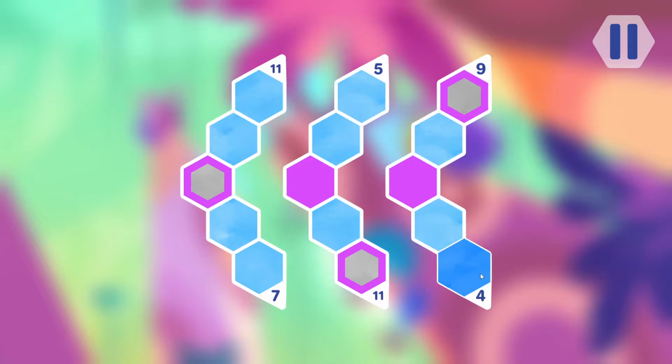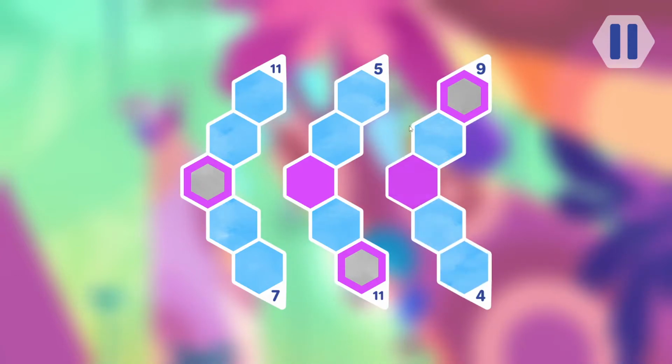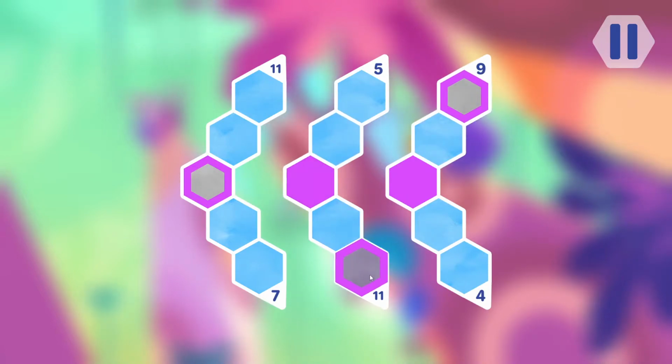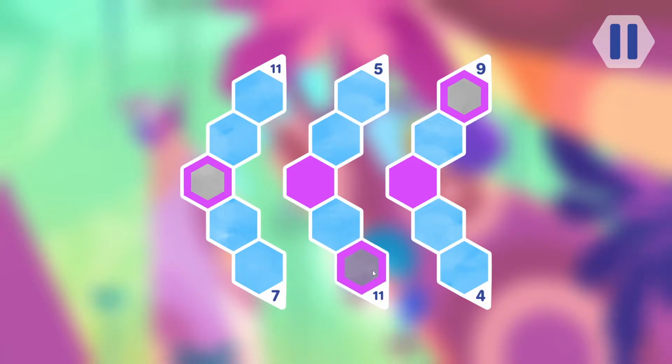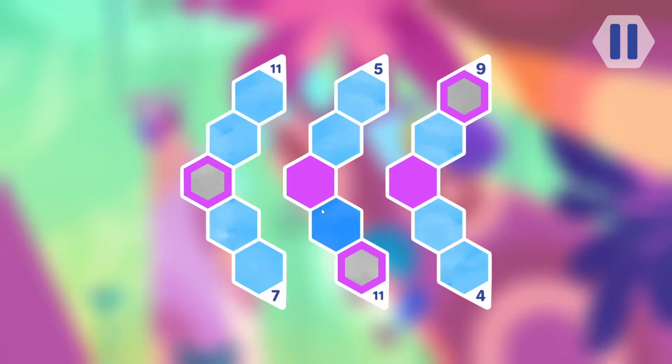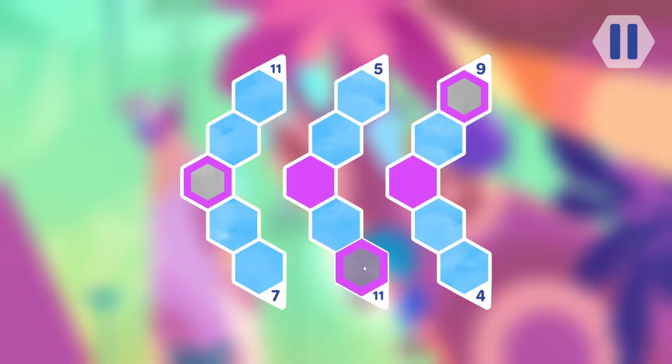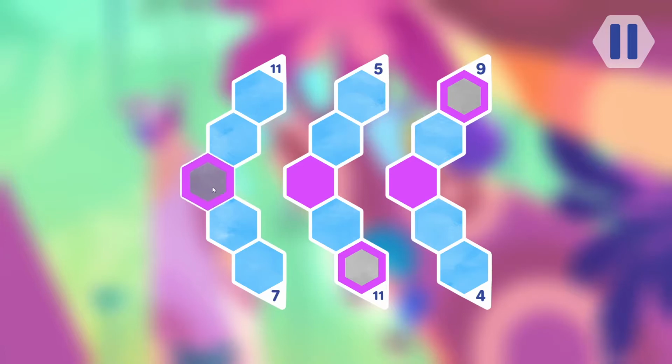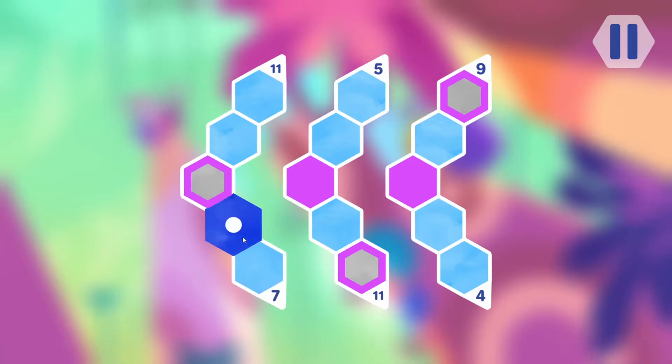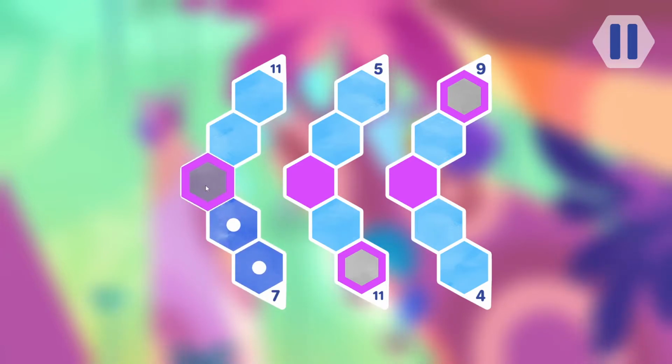That means, okay, what we can say, that this is at least 5, because if it's lower than 5, then we have more than 6 to put into 2 cells. At the same time, this is at most 5 because of the 7. So it's 1, 1, and this is 5 actually.